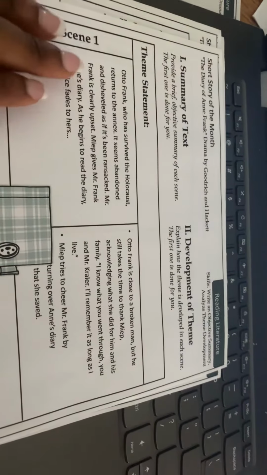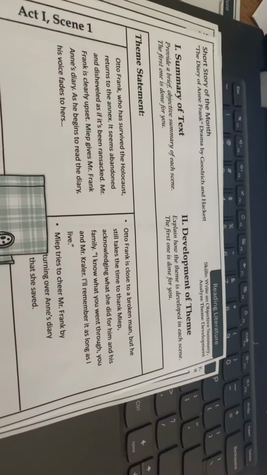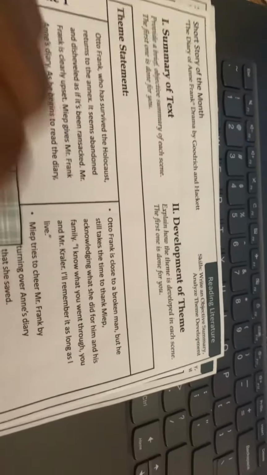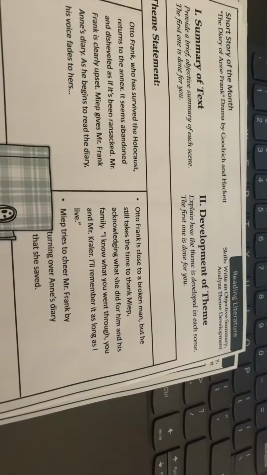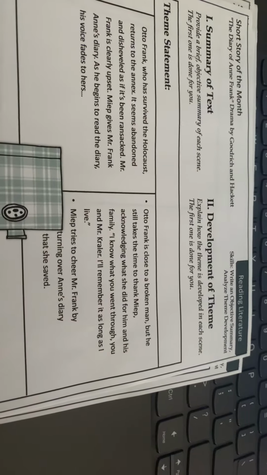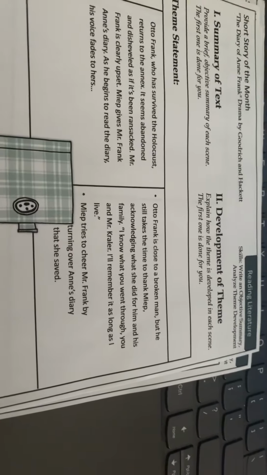So since we developed the theme for here, now we're just trying to come up with an explanation of why this theme was developed. So we pretty much said Mr. Frank is close to a broken man, but he still takes the time to thank Miep, acknowledging what she did for him and his family.